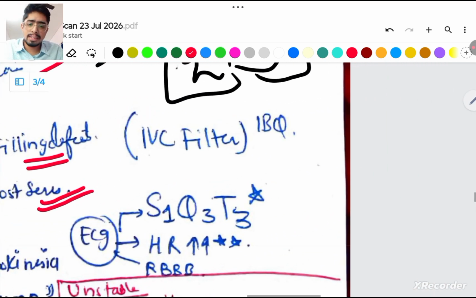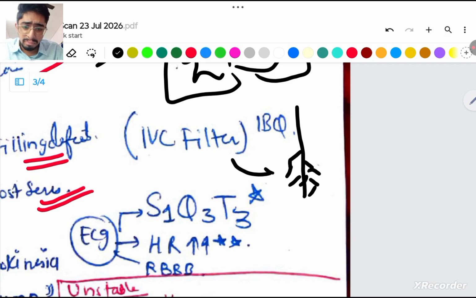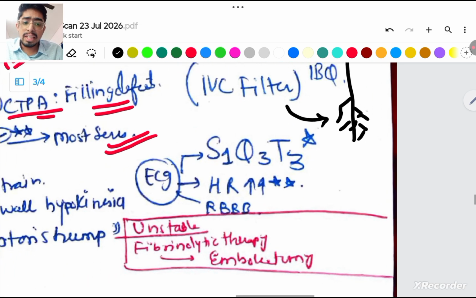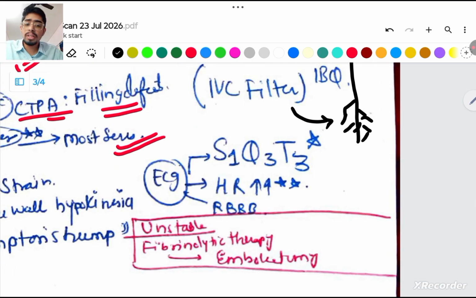If you see an image like this, with an instrument which looks like this, it is nothing but your IVC filter. In ECG in pulmonary embolism, you can have an S1Q3T3 type of pattern. A very common sign is tachycardia, RBBB type of pattern.